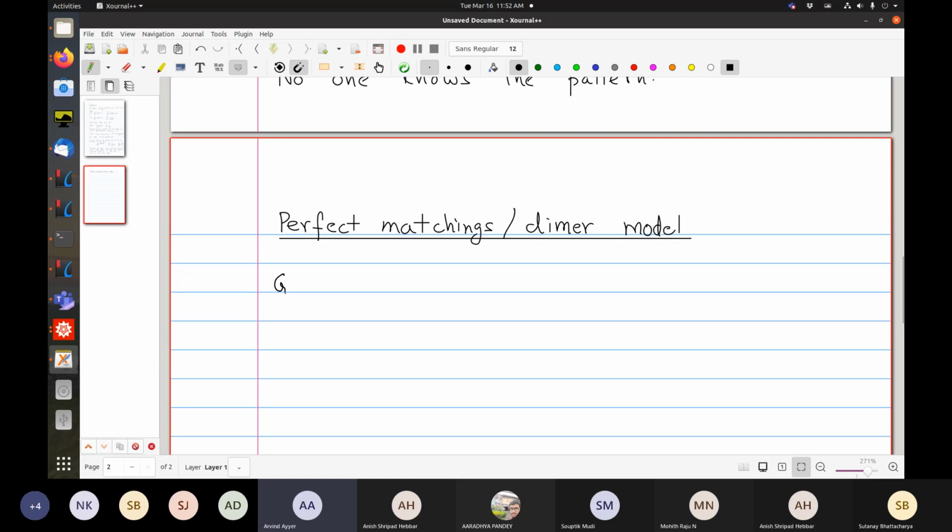So a graph for us, G, will be a tuple, an ordered pair V comma E. V is the set of vertices, and E, which is a subset of V cross V, is the set of edges. And these will be undirected graphs.